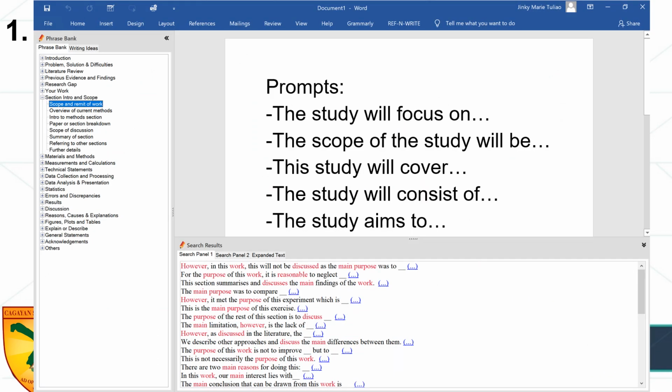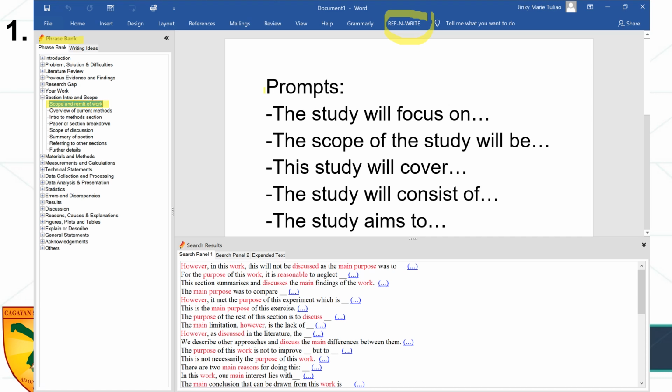I downloaded this research tool called Rep and Write. You can also download it. It gives you a phrase bank where they will give you prompts on how you will start your statements. For example, here, the scope and remit of work or the limitation.